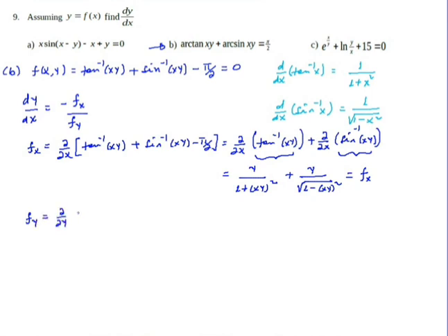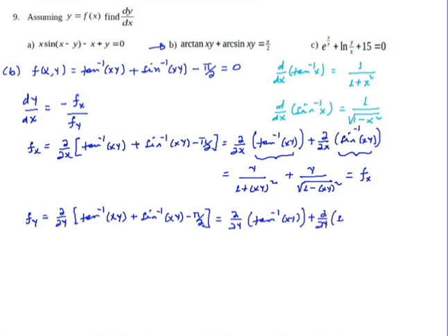Okay, similarly we need to evaluate the partial derivative of f with respect to y. We take the partial derivative of tan inverse of xy with respect to y plus the partial derivative of sine inverse of xy with respect to y.